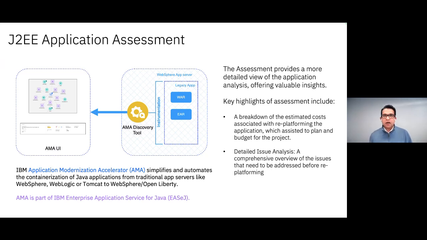It's a part of Enterprise Application Service for Java, which is our offering, available in slightly more than tech preview, but in a different mode. What AMA does is simplify and automate the containerization of Java applications from traditional app servers like WebSphere, WebLogic, and Tomcat to WebSphere or OpenLiberty.